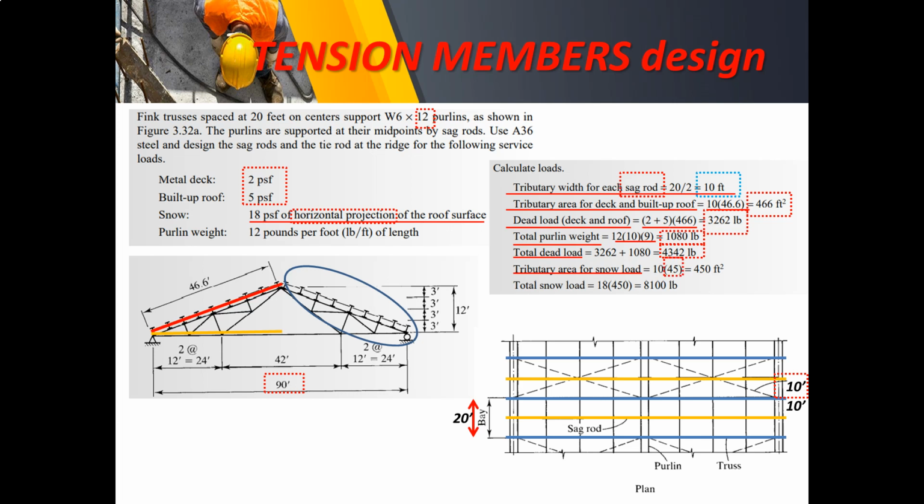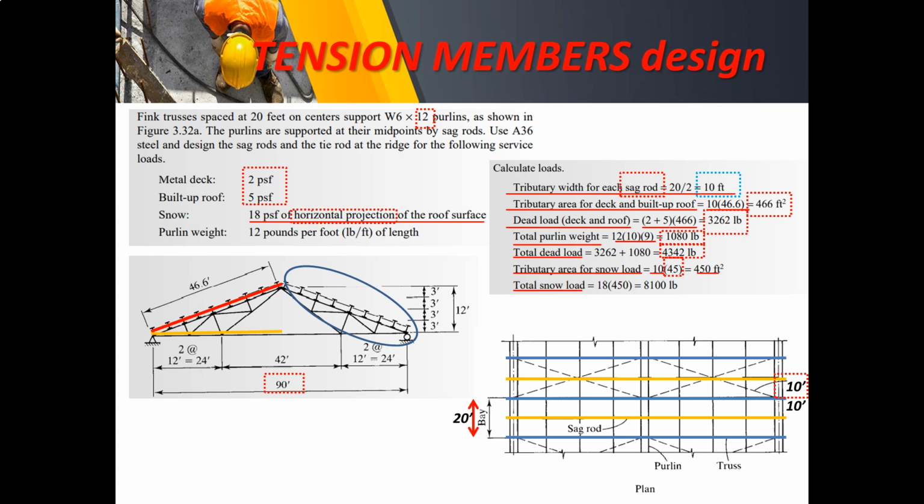Therefore, the tributary area for the snow load is 10, coming from the width, times 45, and that would yield 450 square feet.